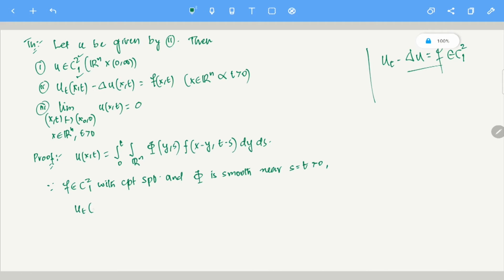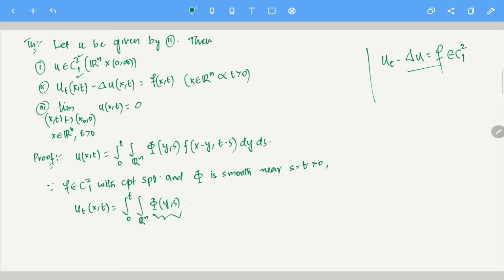We can compute u_t of (x, t). Now I am doing the differentiation under the sign of integration. First thing first, you can write the whole integral together, and this derivative in t will go inside. So it becomes the integral from 0 to t over Rn of phi of (y, s), which is essentially constant in our case because we are taking the derivative with respect to time. Nothing will change there, because this s is independent of t. Of course it is less than t, but it's not dependent on t.